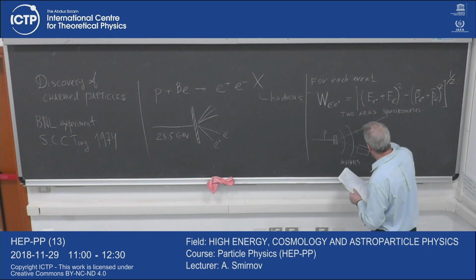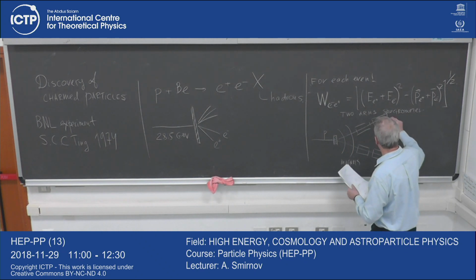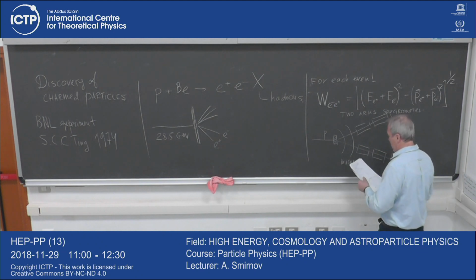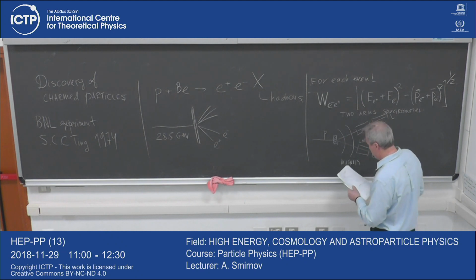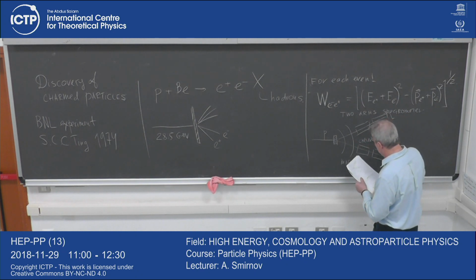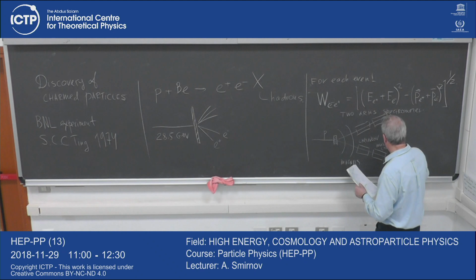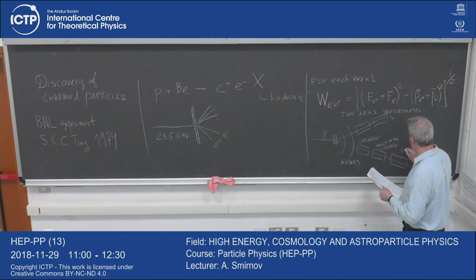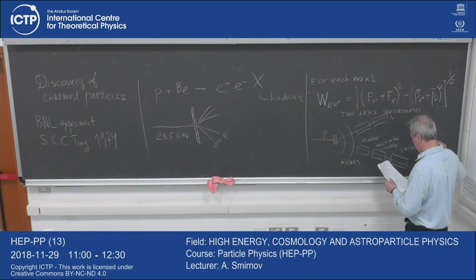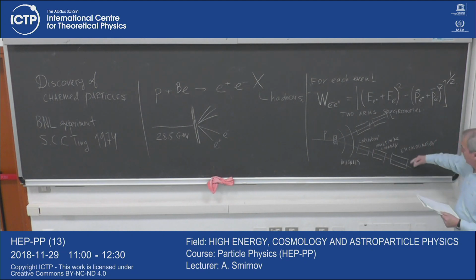So he used a symmetric setup with three types of detectors. First it was a Cherenkov detector on both sides. Then it was a multi-wire chamber. And then it was an electromagnetic calorimeter, which are layers of scintillators.